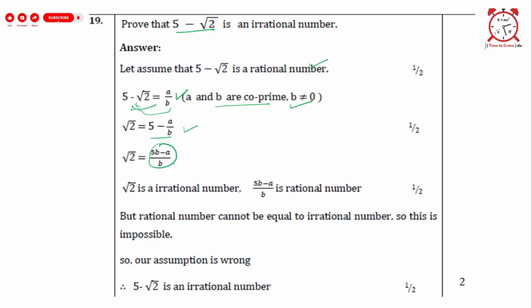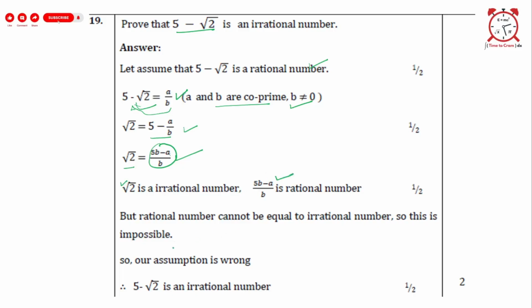So here it is clear, b is an integer, a is an integer and in the denominator b is an integer. So addition, subtraction, multiplication, division only give a rational number. So RHS is a rational number but LHS is an irrational number. So it is very clear that root 2 is an irrational number and the RHS is a rational number.